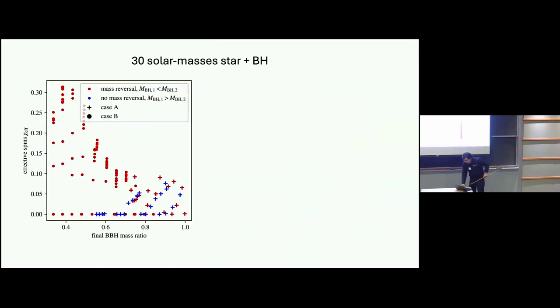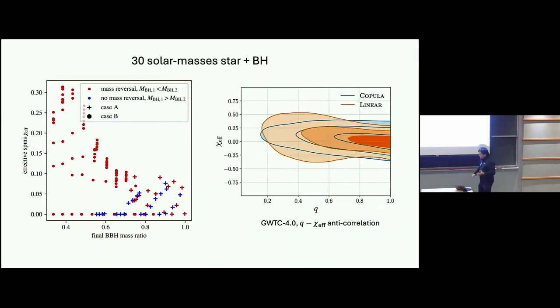If we transfer that to the final chi effective versus the final black hole mass ratio, and if you care about mass reversal, this color shows that. You can see that these case A systems are not spinning very fast, while this case B system can be spinning faster at a lower mass ratio. This may already look very familiar, right?